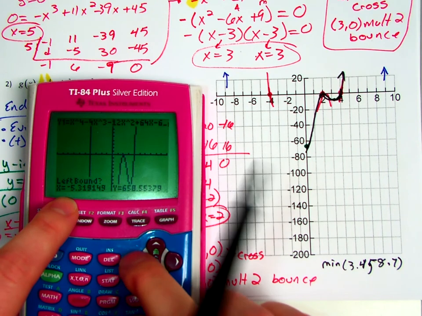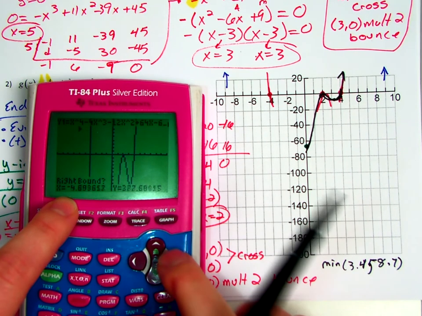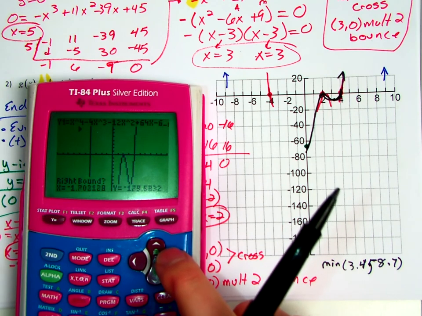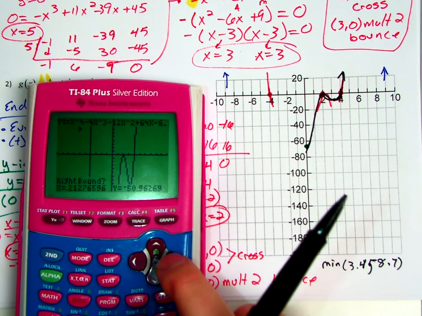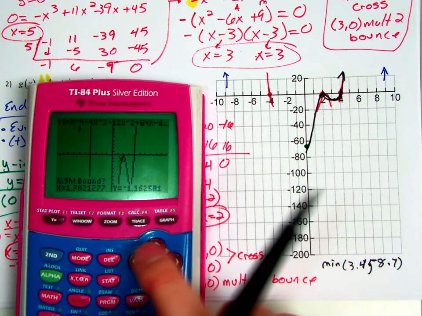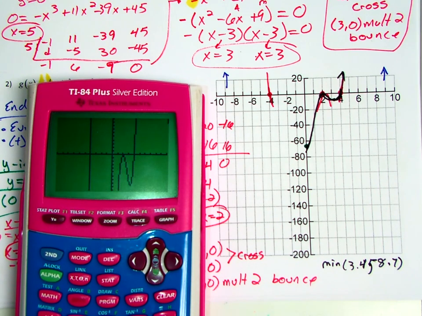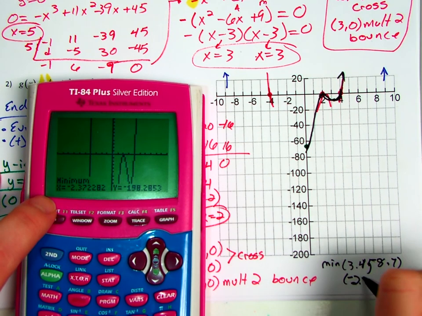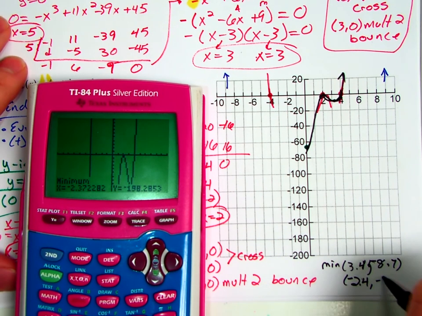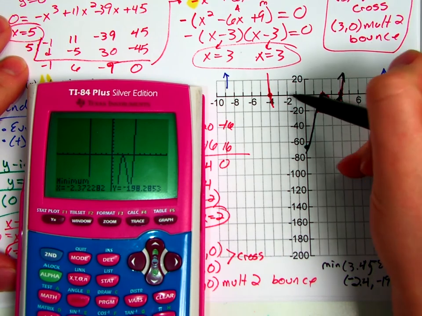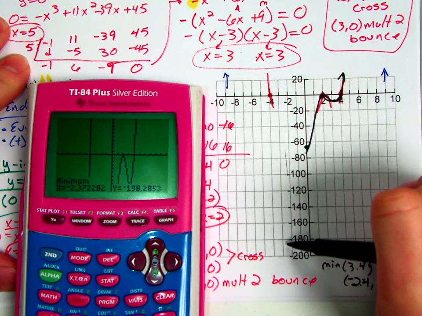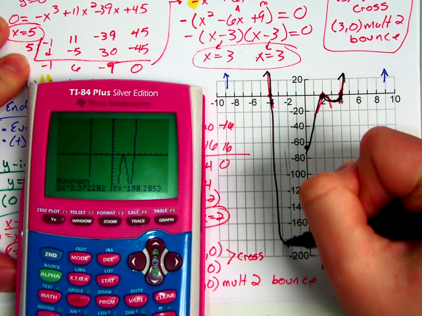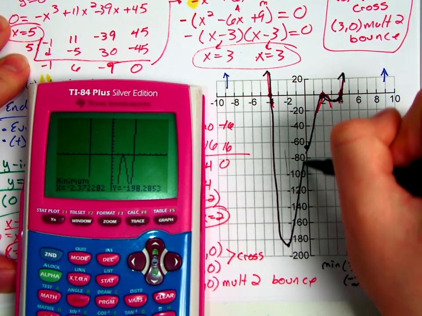So -5-ish, and then I can go to the right of it. And it should pop up over here somewhere. There it is. Press enter. And this is negative 2.4, comma, negative 198. So -2.4 is here-ish, -198 is in this general direction, so we're coming all the way down and coming all the way back up.